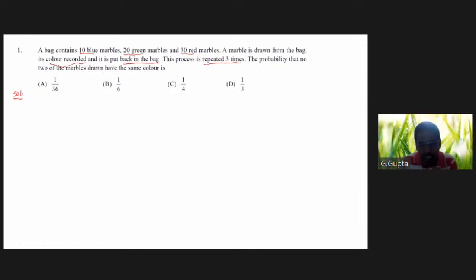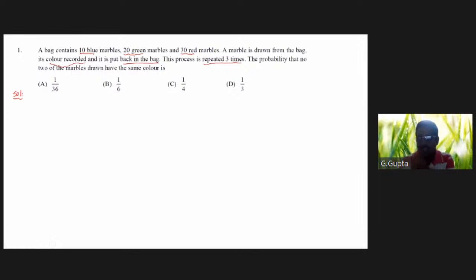When there is a condition of putting back into the bag, or with replacement, in such problems, immediately identify independent events. Suppose a problem is given to 3 students, each student solving with a given probability. The problem is solved if at least one of the students solves it. Such a problem is a simple example of independent events.